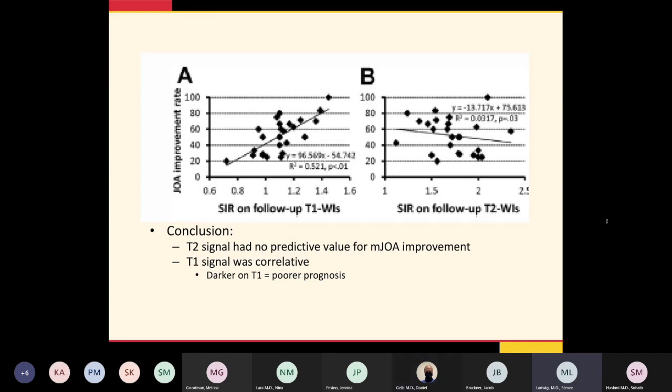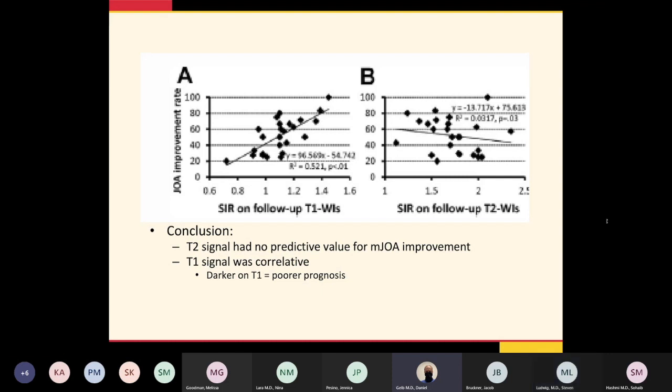However, I am aware of studies that do post-mortem evaluations of patients that have had T2 and T1 dark signals, and the only thing that I've read is that a T1 darker signal is correlative with somebody that has gliosis, right? That it's a sign that the neurons are dead and there's just scar tissue inside the spinal cord. So that's probably why a darker T1 has a poorer prognosis with regards to recovery or maintenance of their neurologic status.